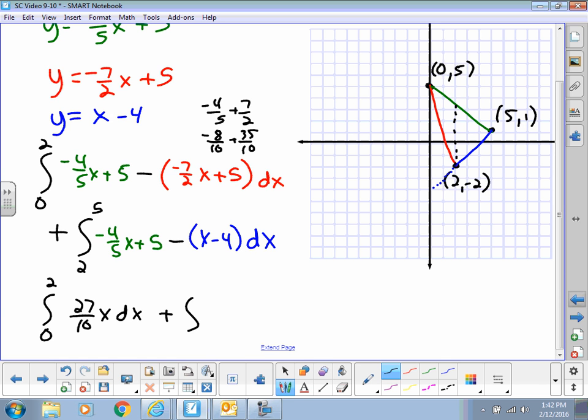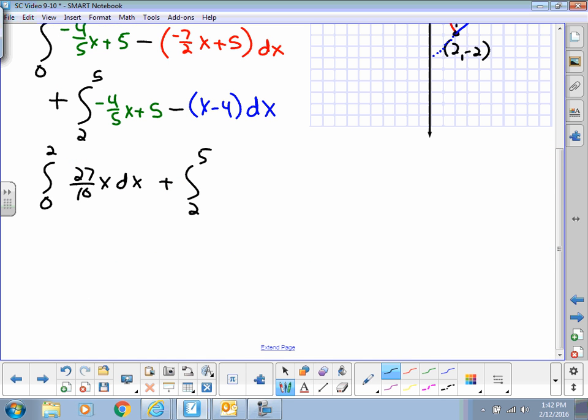And then we'll add on our integral from 2 to 5. Negative 4/5 minus 1x will give us negative 9/5 x. And then 5 minus a negative 4 is really a plus 4, so we'll have plus 9 dx.